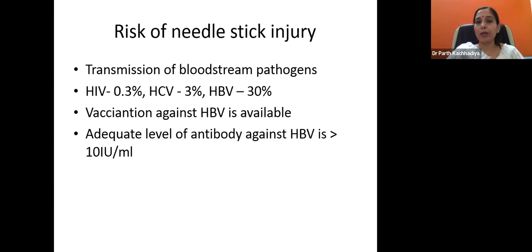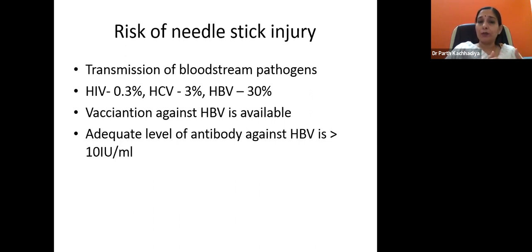There are treatment modalities available for them. But for HCV, we are unlucky enough, we don't have specific medications. The rate of transmission for HIV is 0.3%, for HCV it is 3%, and for HBV it is 30%. So the highest transmission is of the hepatitis B virus and the least is HIV.